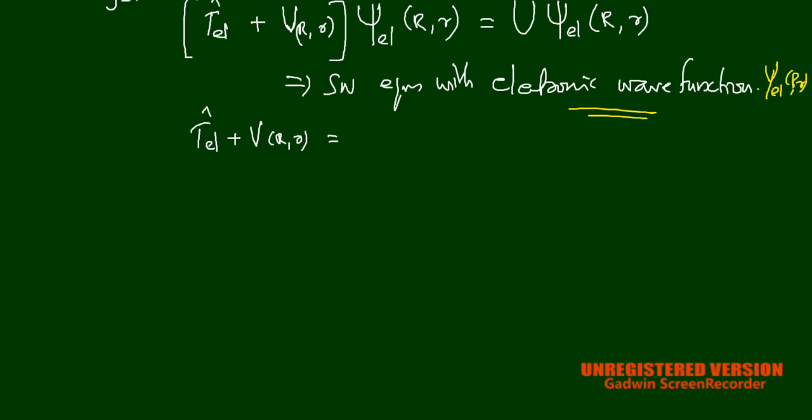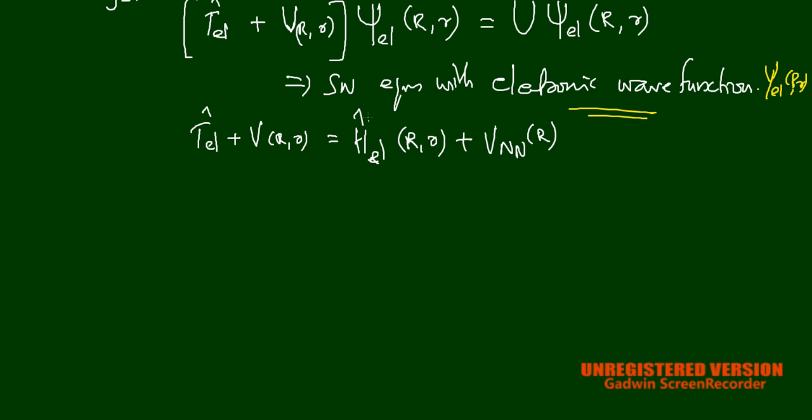So let me write T electronic plus V R R is equal to H cap electronic R R plus V N N R, right? V N N R.